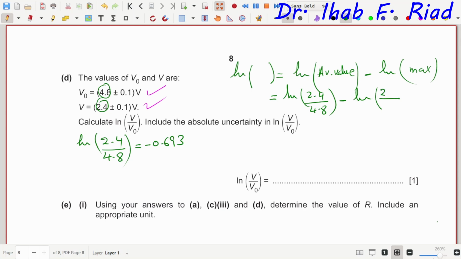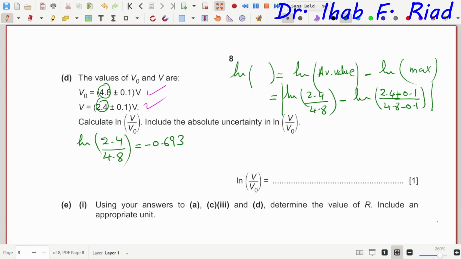So it is going to be 2.4 plus 0.1, divide 4.8 minus 0.1. Okay, and we get the absolute value.